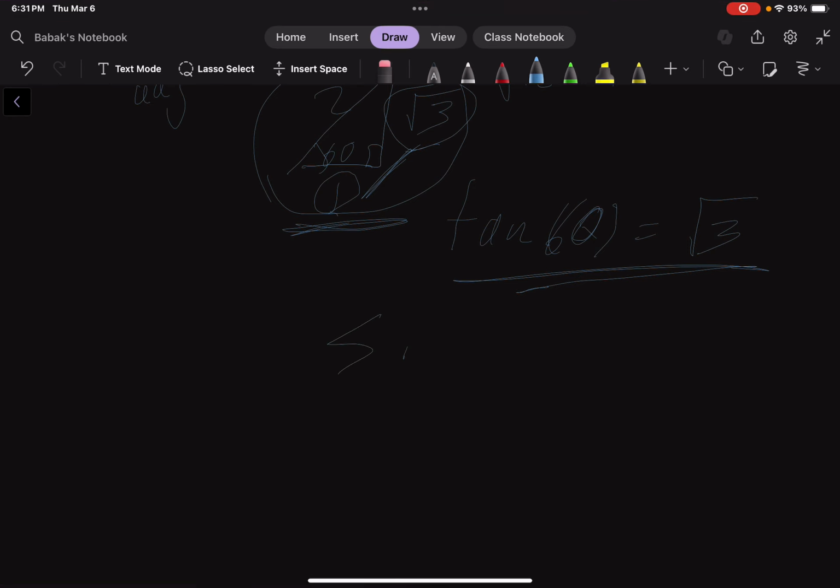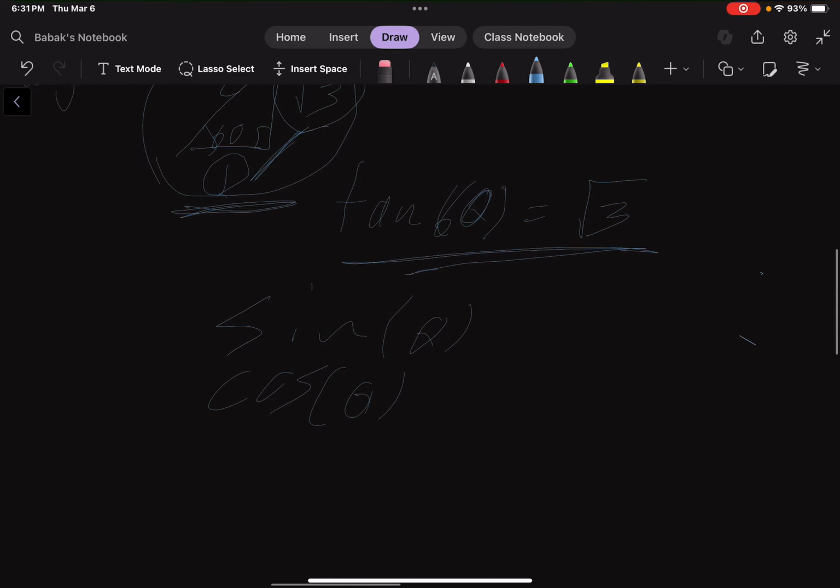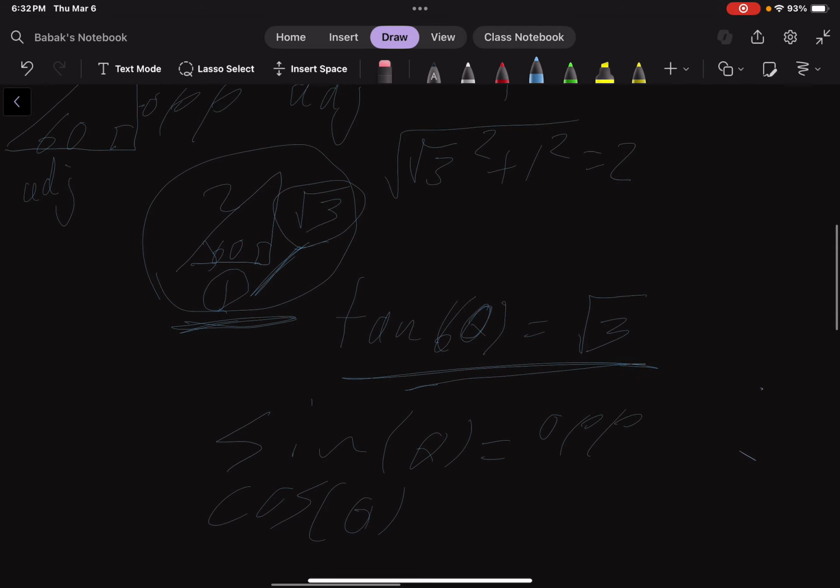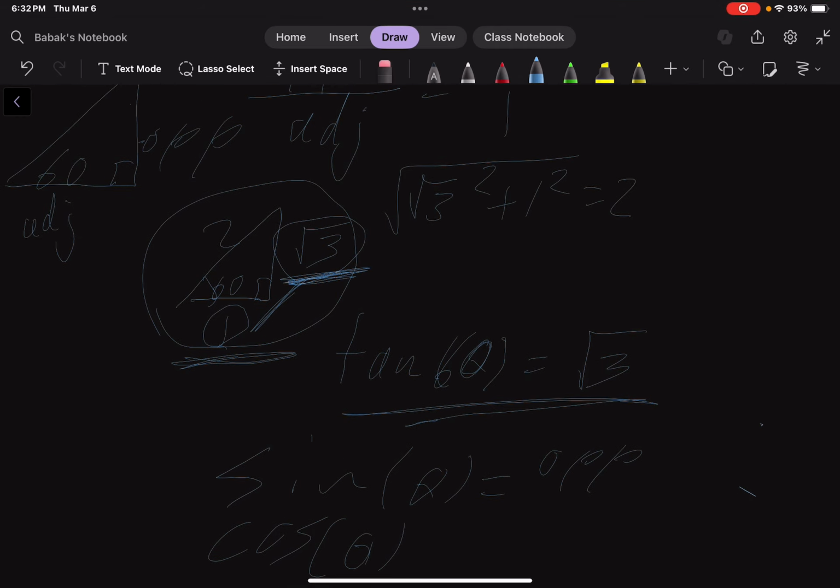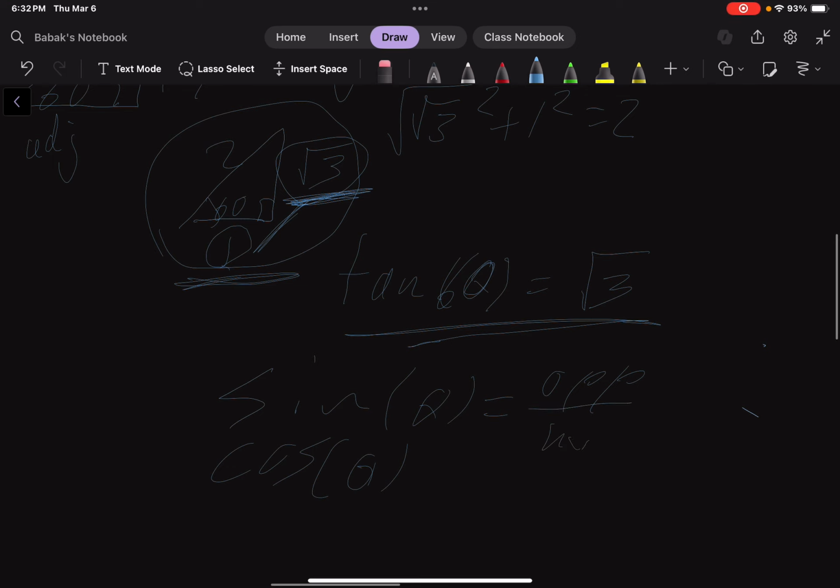This being sine and cosine, respectively, represented by the functions sine of theta and cosine of theta. Now, sine of theta would be the opposite, in this case corresponding to root 3, over the hypotenuse. And cosine of theta would be the adjacent, represented by 1 in this case, over the hypotenuse, 2 in this case.